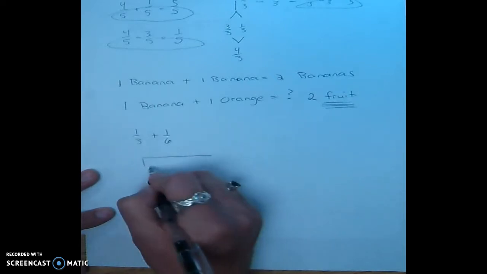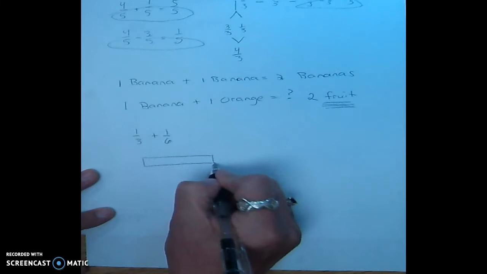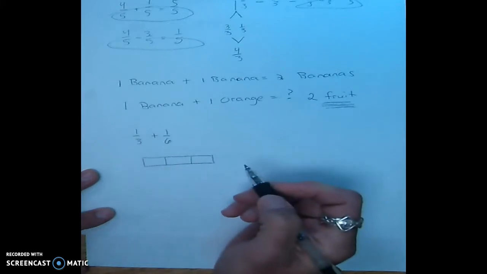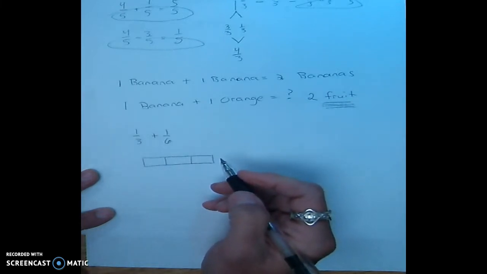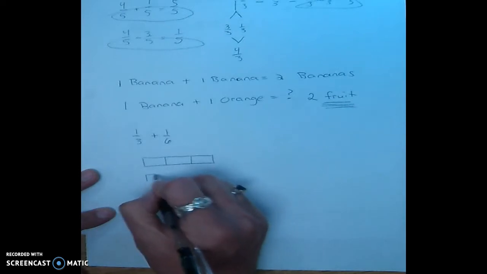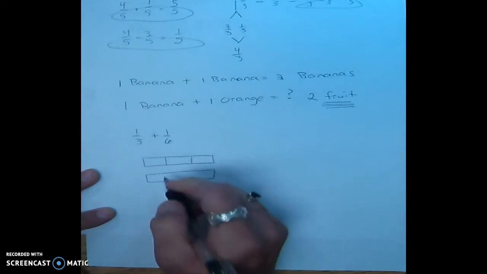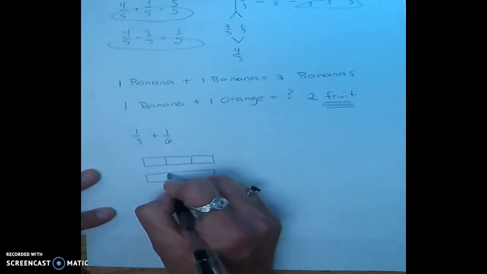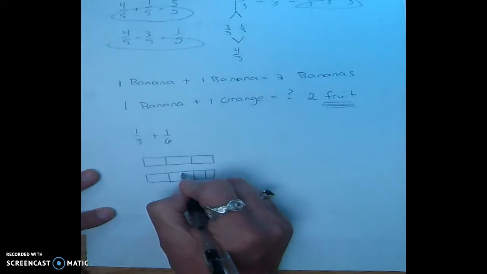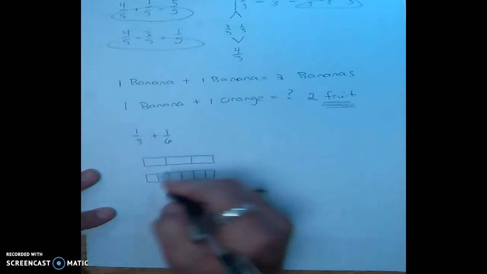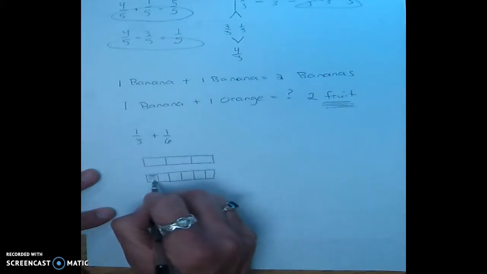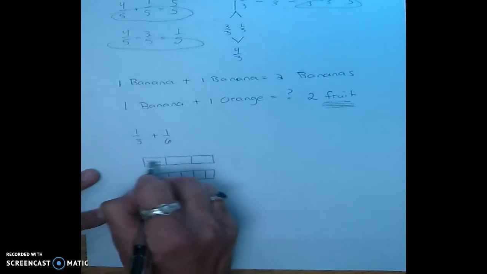But I can draw a tape diagram that's broken up into thirds. I can draw another tape diagram, and that tape diagram is broken up into 6. So this is 1/6, and this is 1/3.